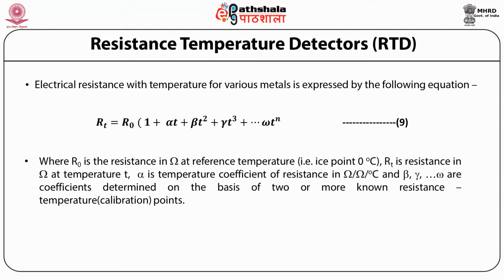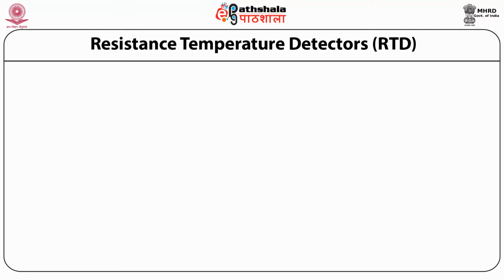RT is the resistance in ohms at temperature T. Alpha is the temperature coefficient of resistance in ohms per degree centigrade, and beta, gamma, omega are coefficients determined on the basis of 2 or more known resistance temperature points.